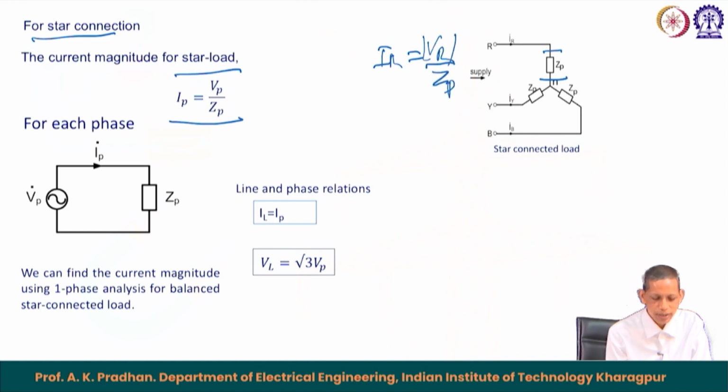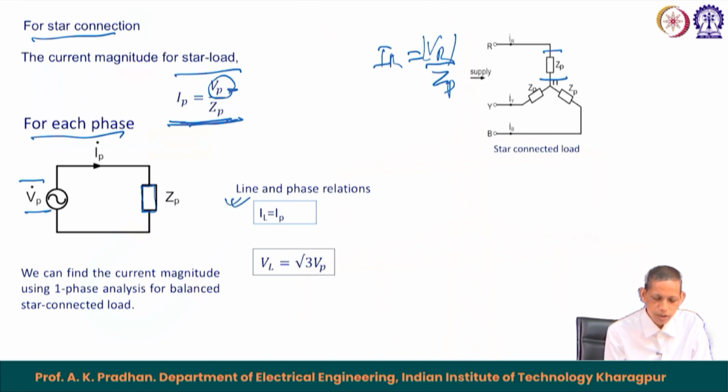So, from there we can generalize that for a star connected system, the phase current or the line current, they are the same, equal to the phase voltage upon the corresponding impedance. Therefore, for each phase, whether it is R, Y or B, the phasor Vp connected to the star impedance Zp gives the corresponding Ip equals Vp by Zp.